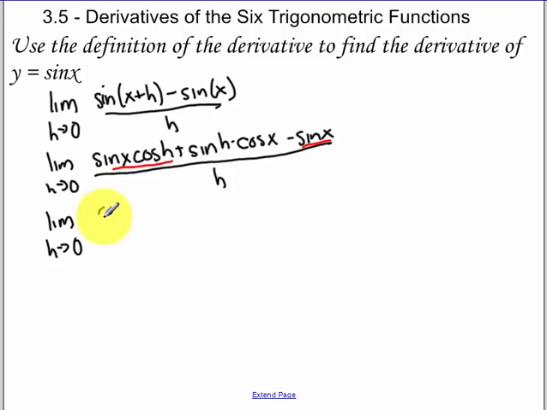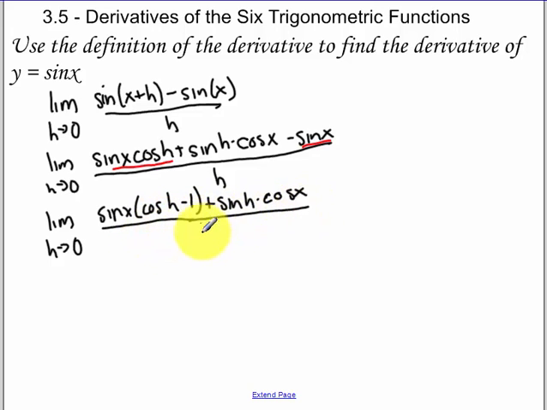So I have sine of x, and I have cosine h minus 1 plus sine of h times cosine x, the whole thing over h.